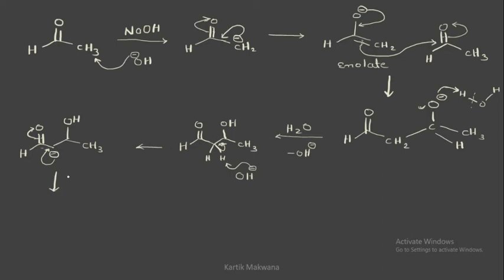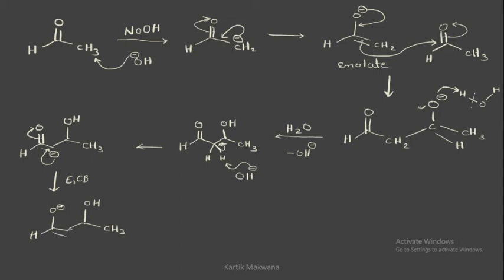So here the E1cB mechanism will be followed, right? So we will get like this, the minus charge and there is a hydroxyl group and here CH3 is as it is, and a new pi bond, a double bond, is formed here.